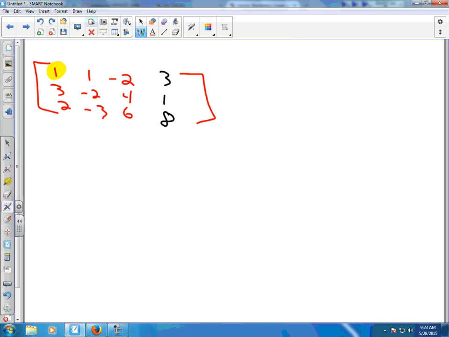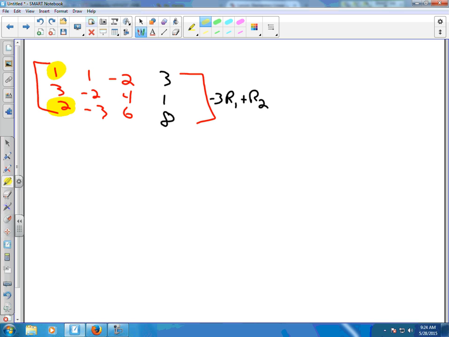So if we take negative 3 times that first row, negative 3 times 1 is negative 3, plus 3 would be 0. So our second row is going to be negative 3 times the first row, plus the second row. Our third row, to get a 0 here, we would need to add that to negative 2.